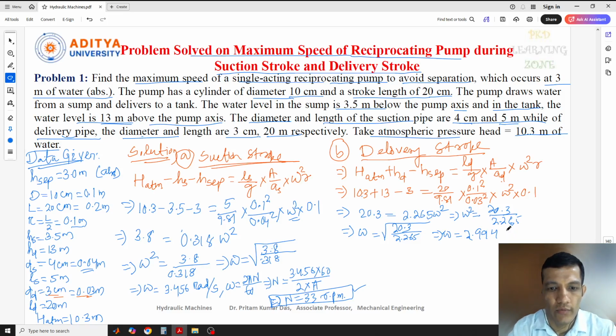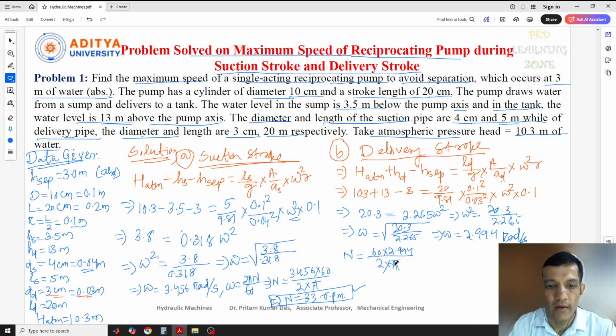So this is the value of omega, this much radian per second. Now what is our intention? We need to find out the N value. So N equal to, let me write directly here, 60 into omega, so 60 into 2.994 divided by 2 into pi.